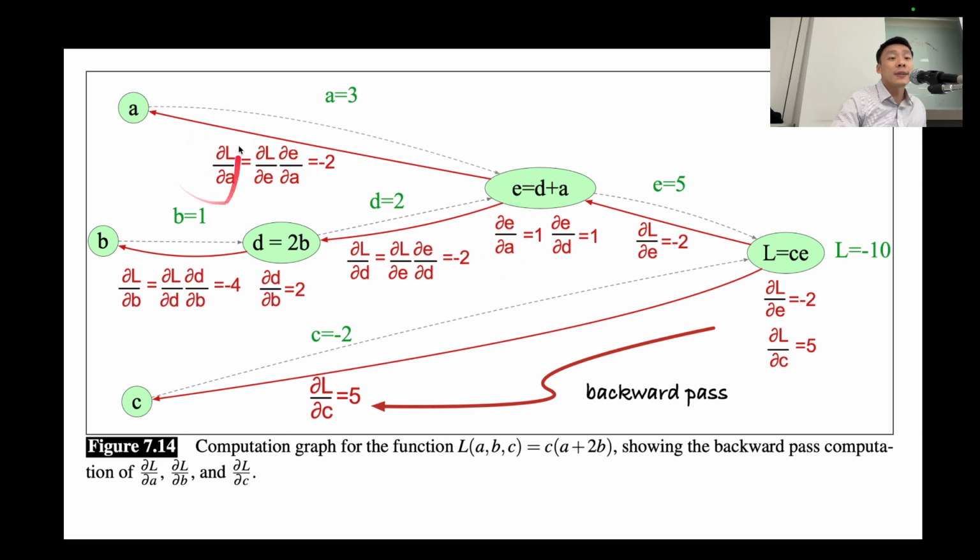So to get dL by dA, you use the gradient from your parent, which is E: dE by dA, right here, and dL by dE, which we already computed. What about this guy? It depends on dD by dB, dE by dD, and dL by dE. So you use this gradient that you pass down, this gradient, and this gradient.